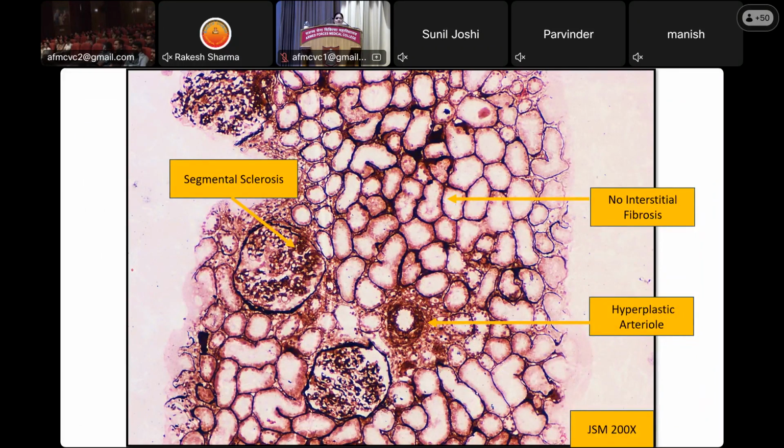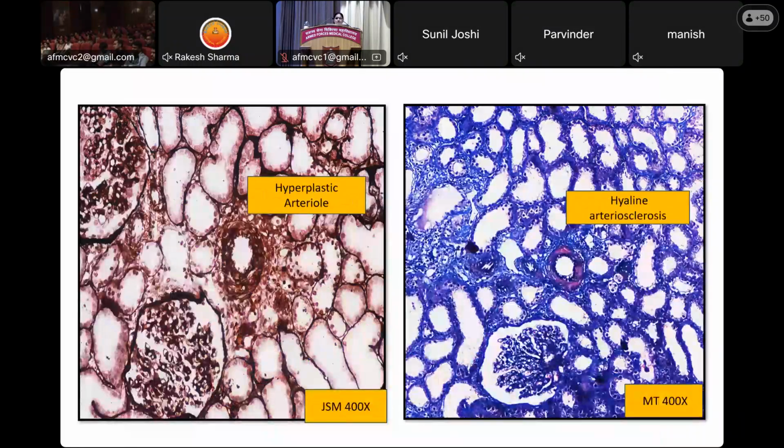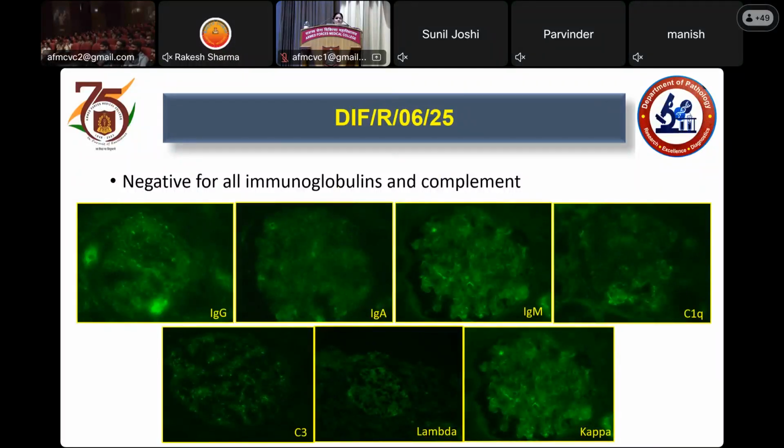On higher magnification, this hyperplastic arteriole shows a characteristic onion skinning appearance. We also did Masson's trichrome stain to look for fibrosis and hyaline arteriosclerosis. While there was no fibrosis identified, a few arterioles showed hyaline arteriosclerosis, where the hyaline material was stained red. Direct immunofluorescence was negative for all immunoglobulins and complement.